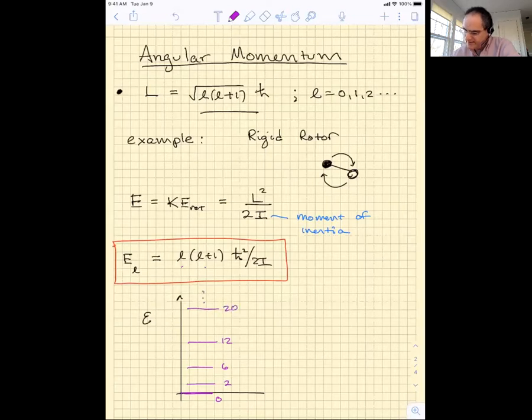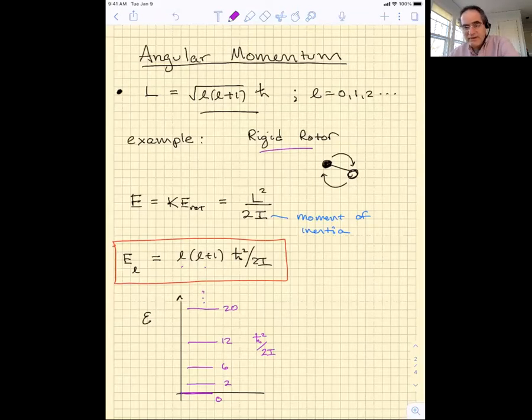So in every case, it's 2 or 6 or 12 or 20 times this quantity, h bar squared over 2I. Pretty cool. So those are the energy levels for a rigid rotor, okay?